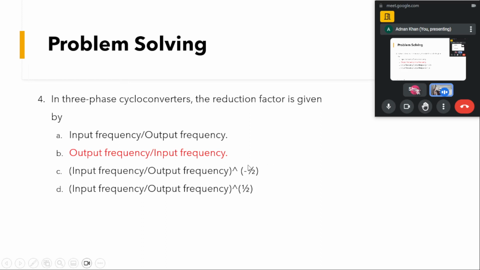If we want 1:1, at least p-type will be turning on for the positive half and n-type for the negative half. And if we turn it on for 2 halves, the output frequency will always be lesser than that of the input. So yeah, this factor will always be less than 1, I think.